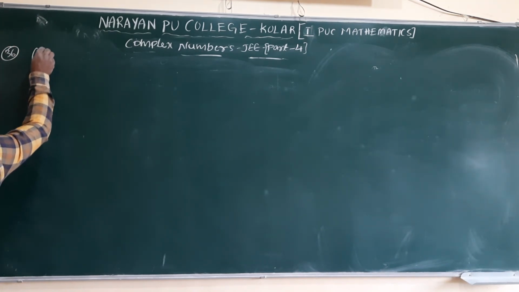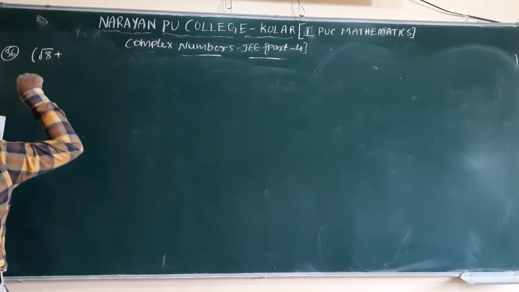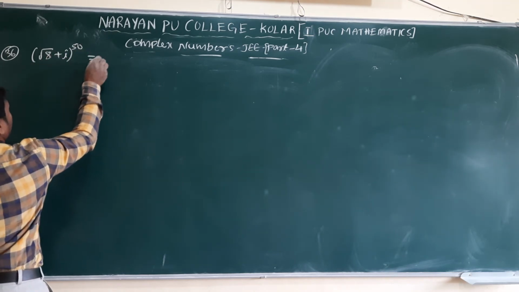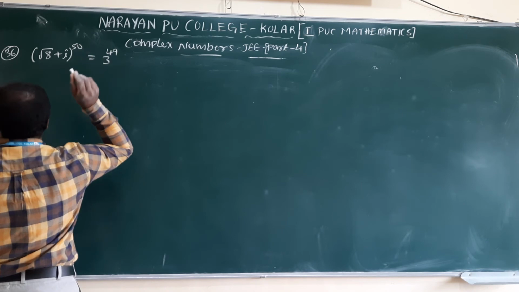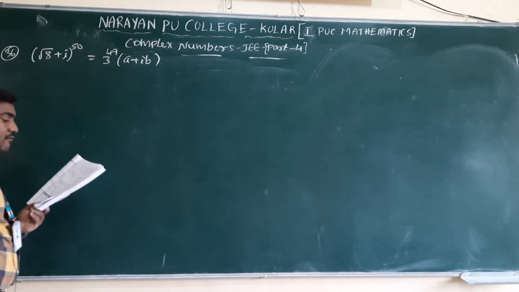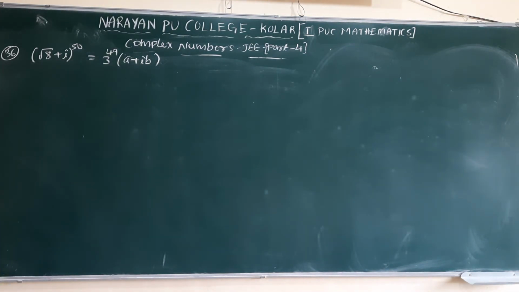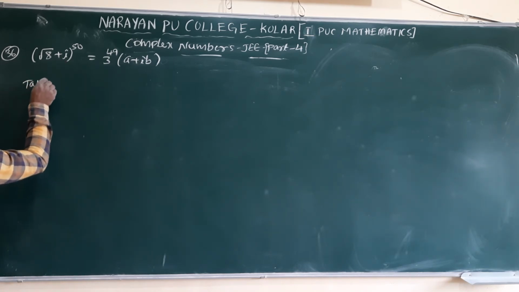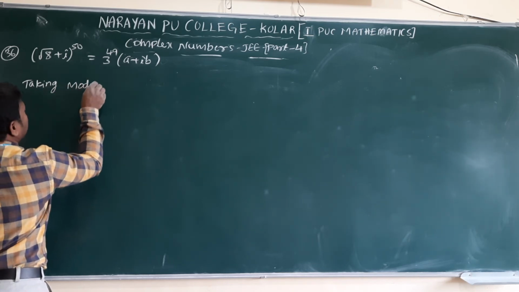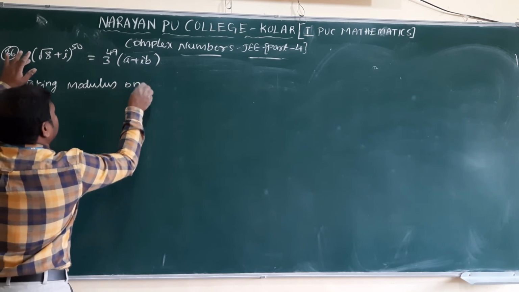If square root of 8 plus i whole power 50 is equal to 3 power 49 into a plus ib, then find the value of a square plus b square. Here I take modulus on both sides.